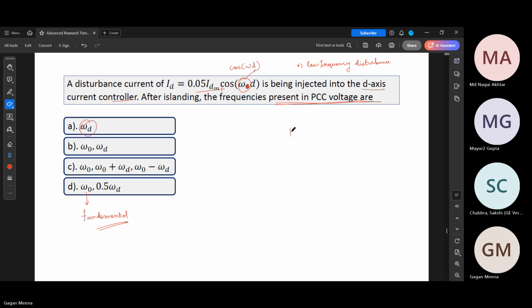PID, PI, a combination is also possible, or simply P or D. But these controllers only work when the signal is DC, correct?